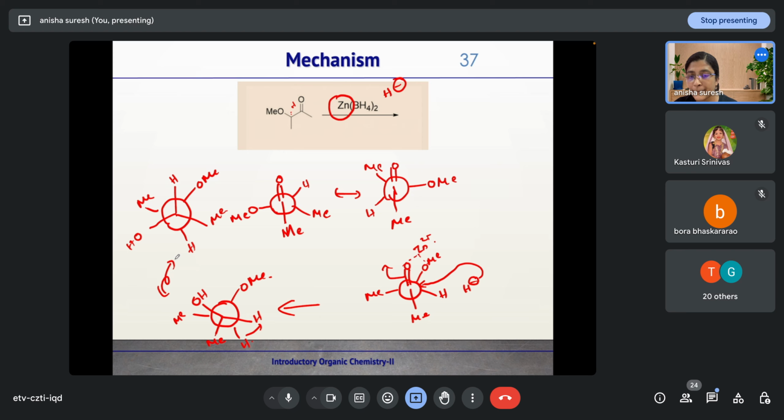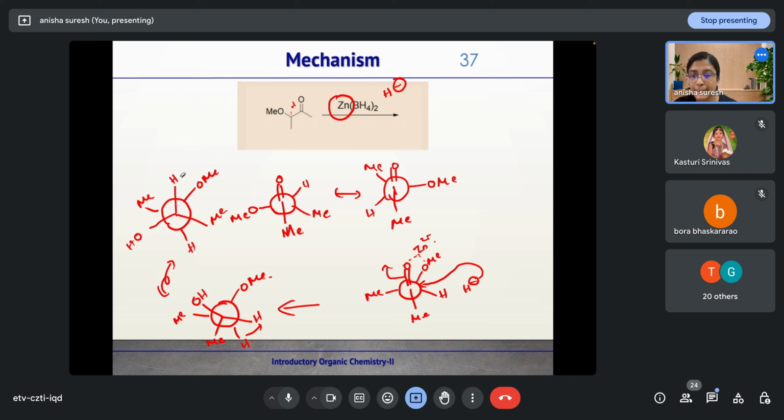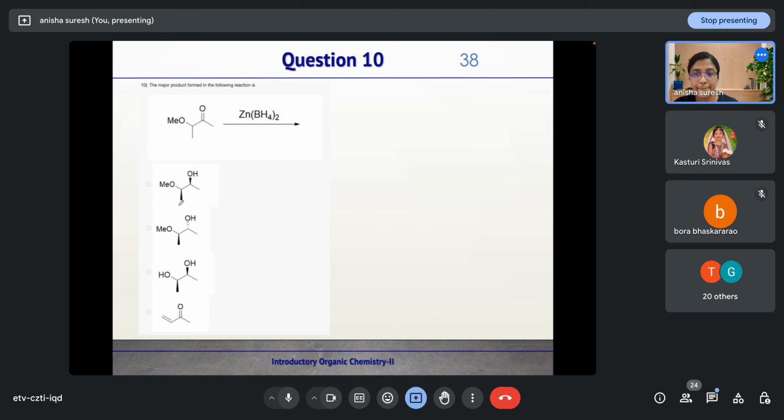Okay. So if we look from this direction, the OMe and OH are present anti to each other. So option B might be the right answer.